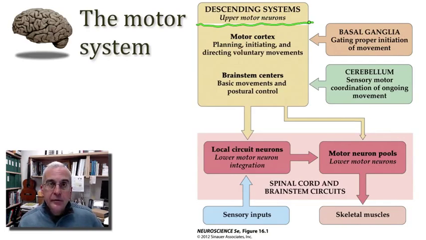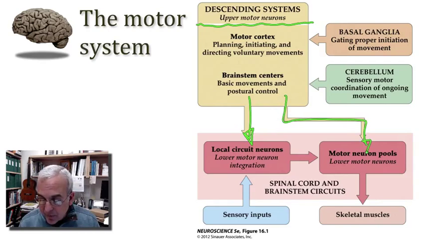Now, I want you to notice the upper motor neurons themselves do not innervate skeletal muscle. Rather, they provide descending input that governs the way the local circuits work to organize the outflow of the lower motor neurons. And in some very special instances, there may be direct projections from upper motor neurons to the alpha motor neurons that actually do supply innervation to skeletal muscle.